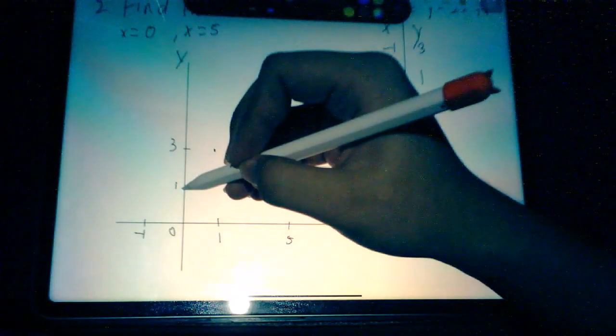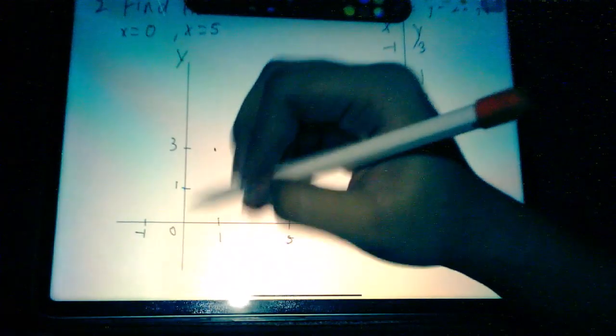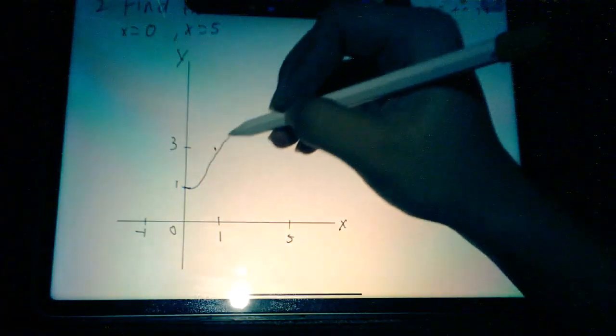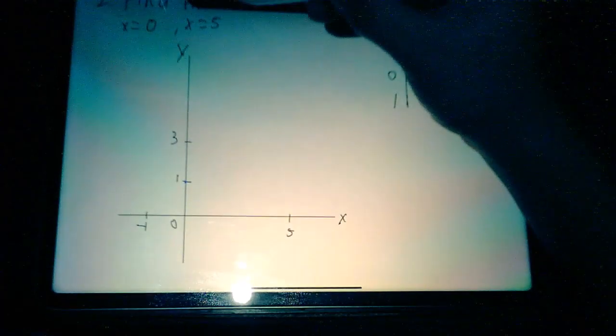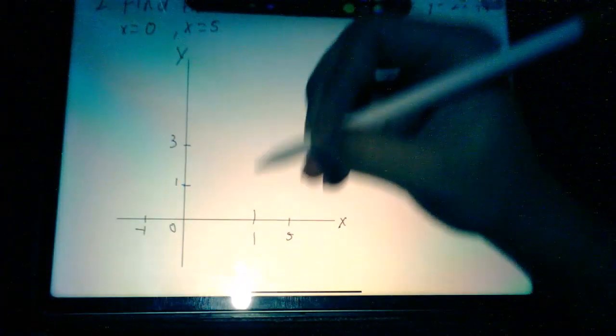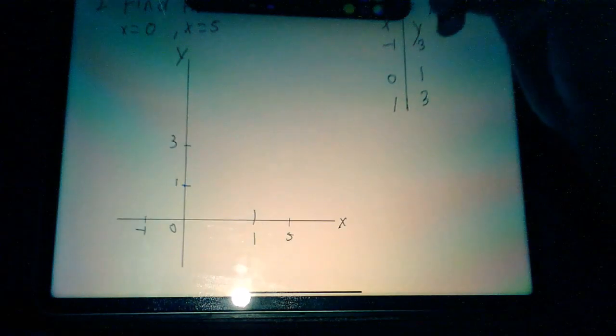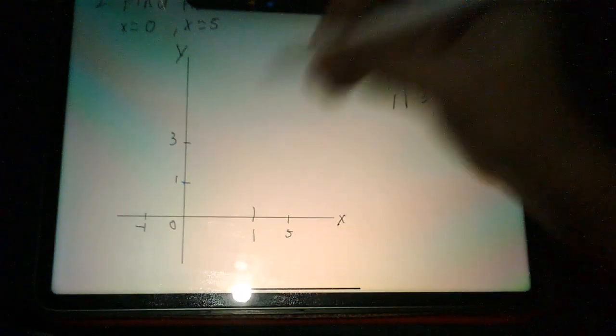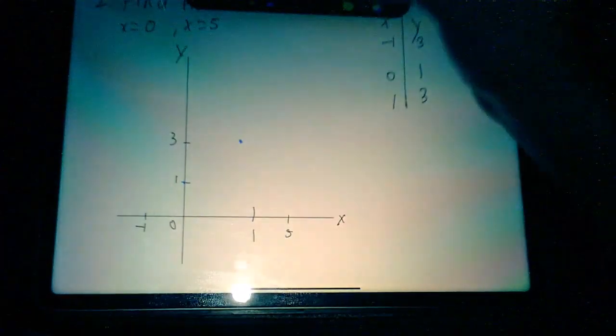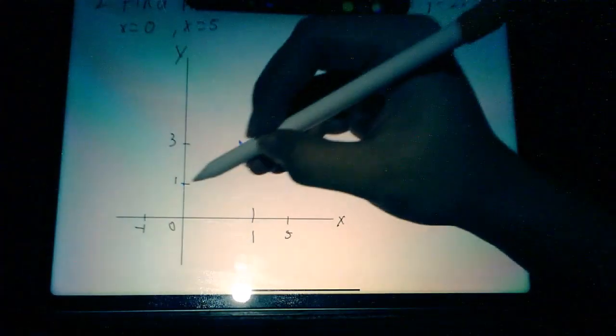So 0 to 1. Let me erase this. Let's put 1 here for the sake of clearer illustration. So 1 and 3. Now we graph.